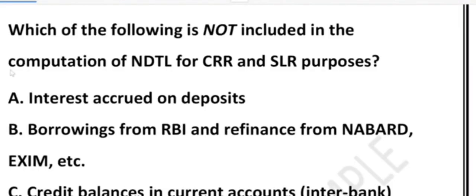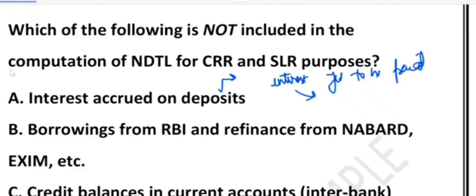So first of all, let's go through option number A, that is the interest accrued on the deposit. This means interest that is yet to be paid but already due on saving or fixed deposit. So what is the meaning of interest accrued? Interest yet to be paid, but this particular interest is already due on saving and fixed deposit.